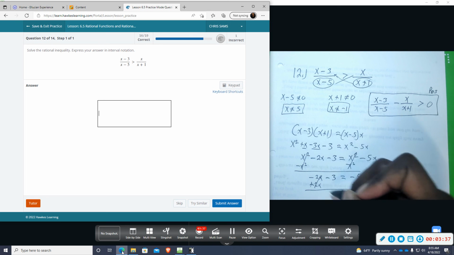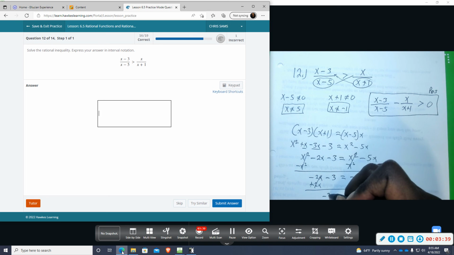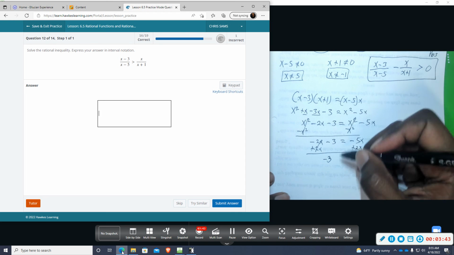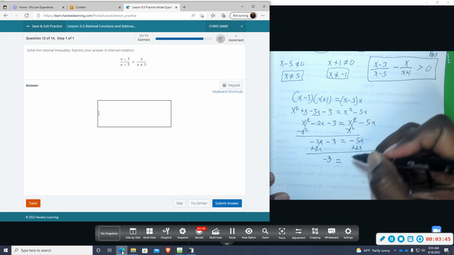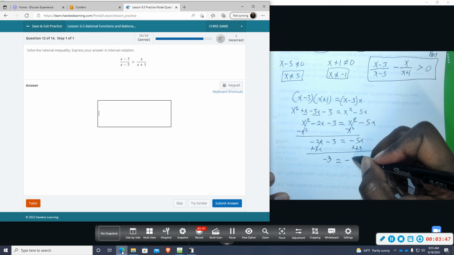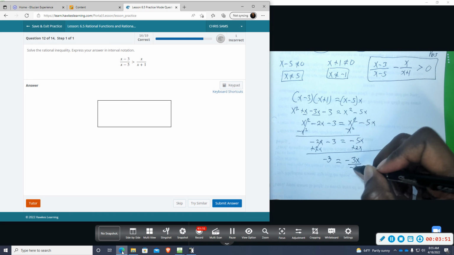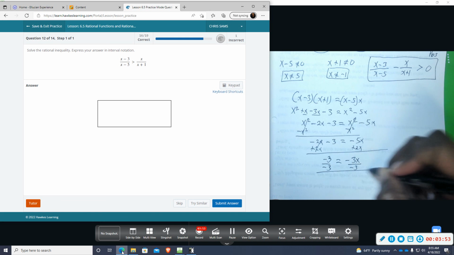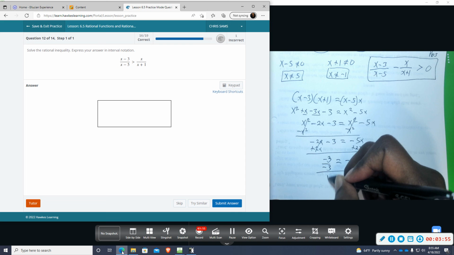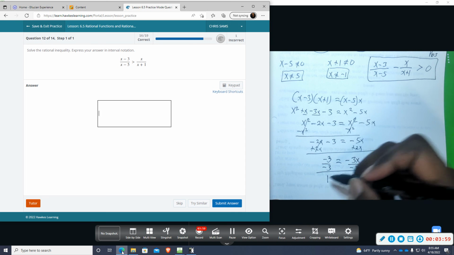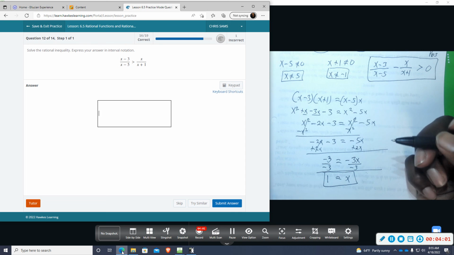And that will cancel over here, bring down the negative 3. Negative 3 equals, and that will give us a negative 3x. All right, divide by negative 3 on both sides. And that will give us positive 1 is equal to x. So that's our other critical value.